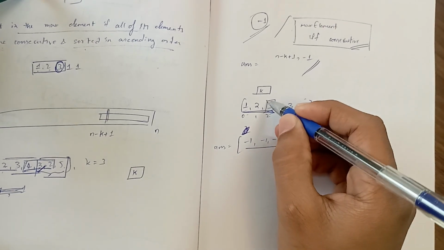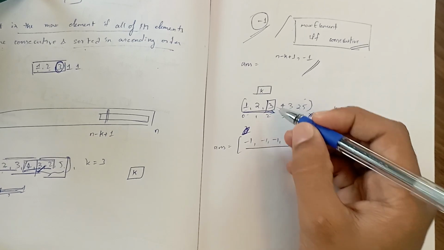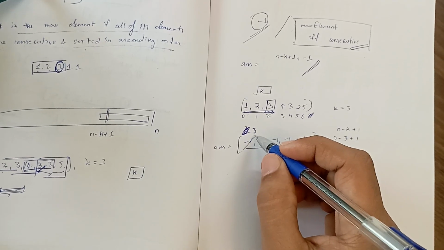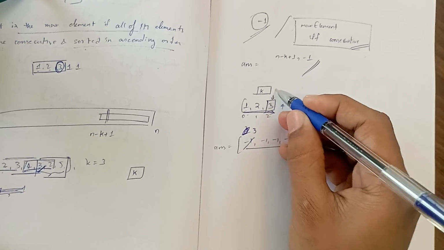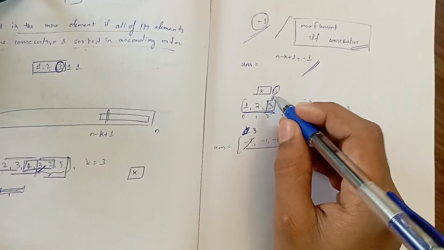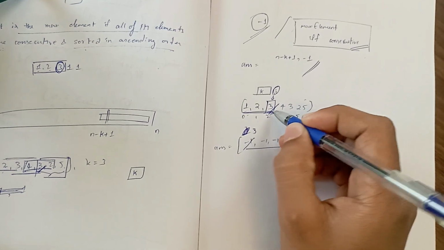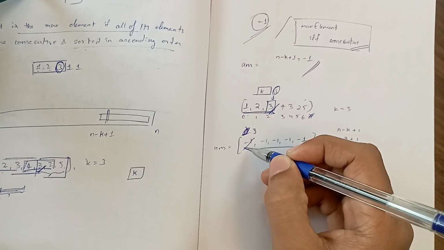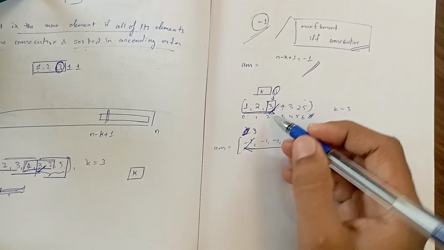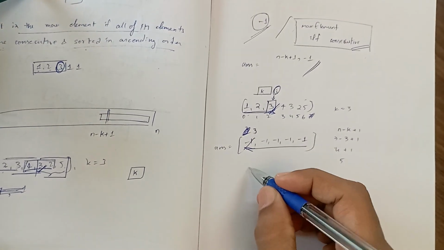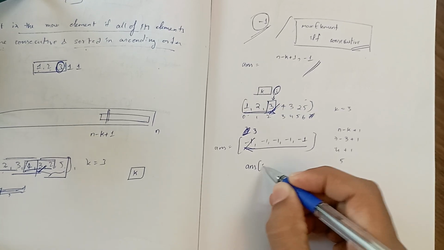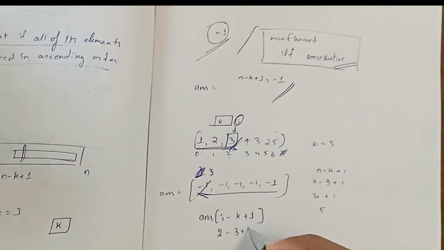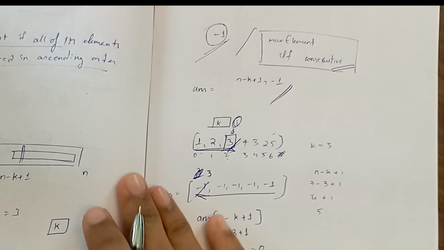Then when we get 3 as the maximum element, we make the zeroth index element of the answer array the maximum element, nums of i, as we iterate. That means we set answer of i minus k plus 1, that is 2 minus 3 plus 1, equal to 0.